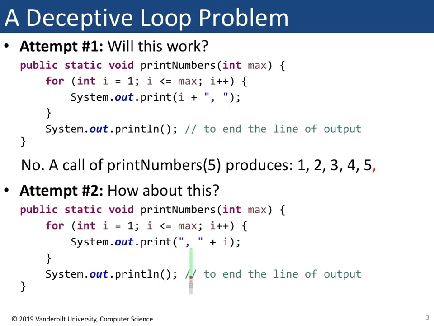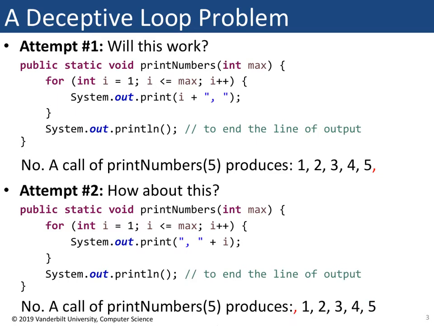So the first thing that gets printed out is a comma. So the result is something like this, comma followed by 1 up through 5. The end's good, but the beginning is bad. Up here, the start was good, but the end was bad.